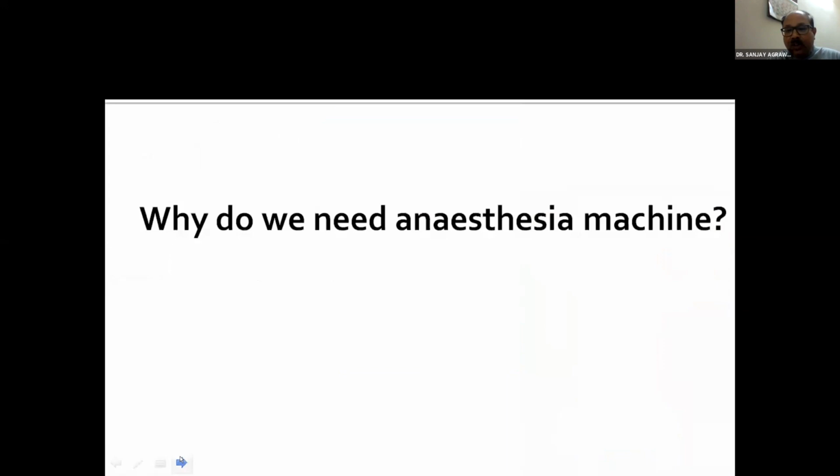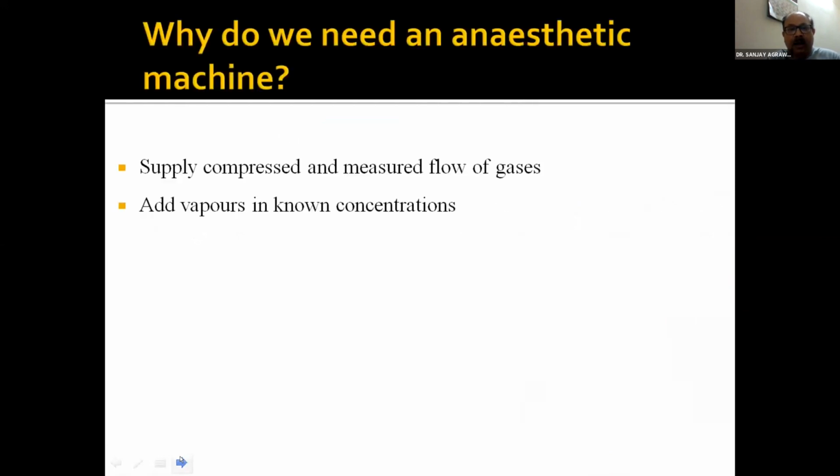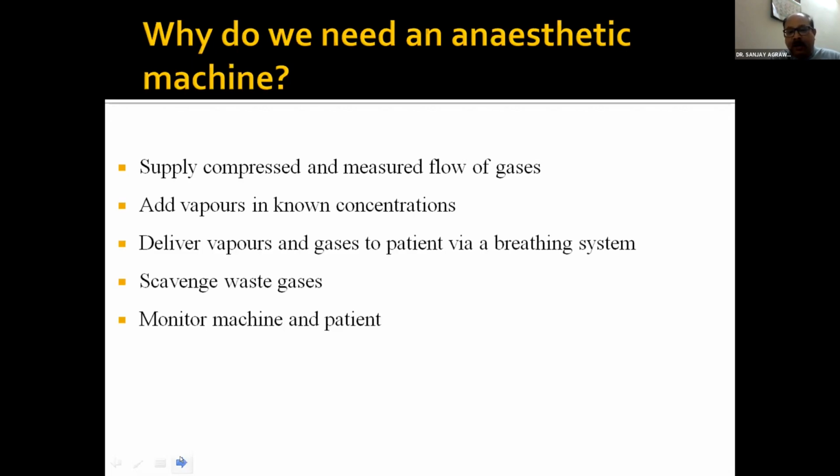So my question to the postgraduates first is, why do we need an anesthesia machine? What is the basis? What is the reason why an anesthesia machine is required for administration of anesthesia? The reason is because this machine is used to supply a compressed and measured volume of gas to which we can add a measured concentration of an inhalation anesthetic vapor.